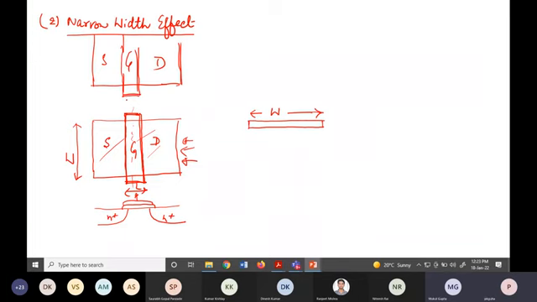So there will be field oxide here, field oxide here, so that you can isolate adjacent MOSFETs so that they shouldn't talk to each other. So this is my W, and if you look from this side, there will be field oxide.